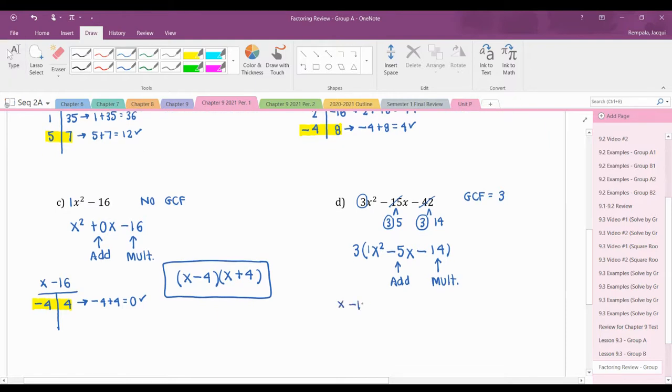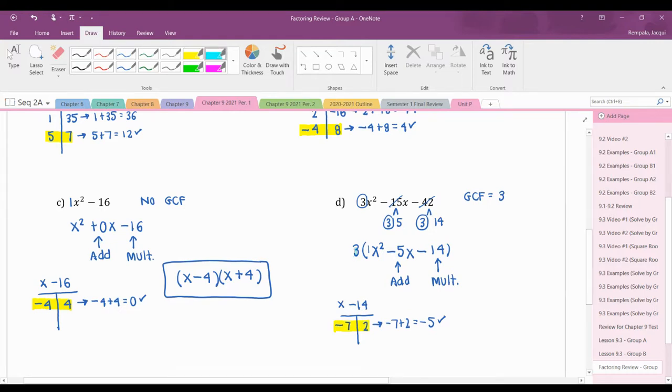So if I'm thinking about numbers that multiply to negative, I know that one number is positive and one number is negative. There's only a couple ways to multiply to 14. But if I do negative 7 times positive 2, that will get me my negative 14. And then when I add those two numbers, I will get that negative 5 from the middle. So once again, I know that those are the two numbers that need to be in my parentheses.